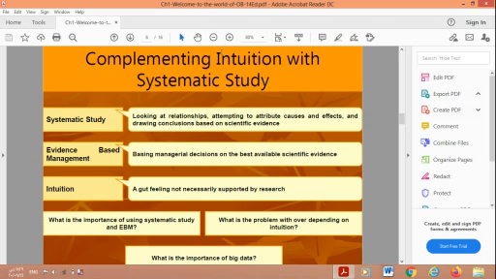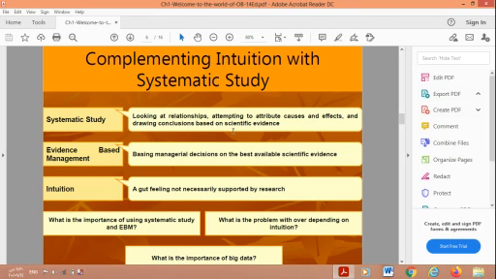Systematic study is looking at relations, attempting to attribute causes and effects, and drawing conclusions based on scientific evidence. The systematic study of behavior means making accurate predictions of the behavior of employees or humans within organizations, and this is its main objective.